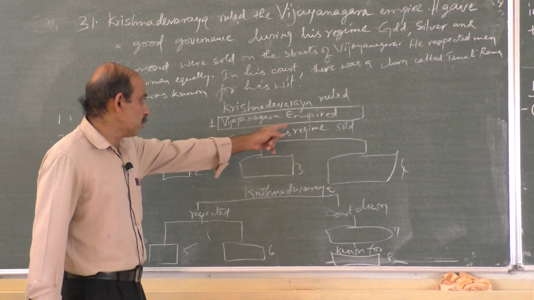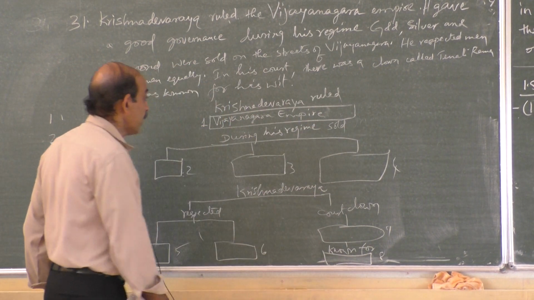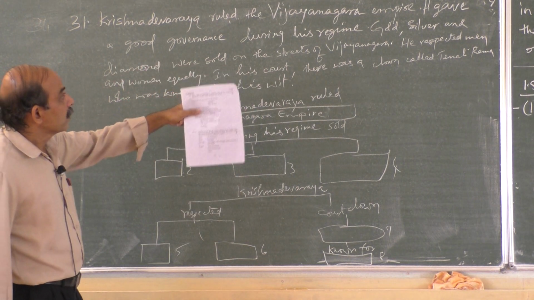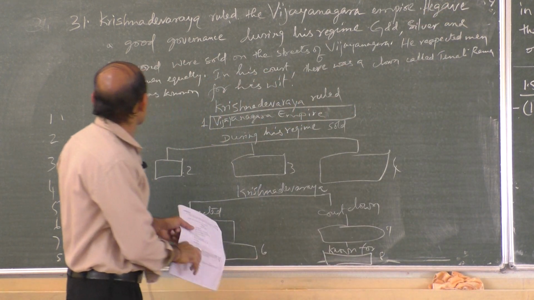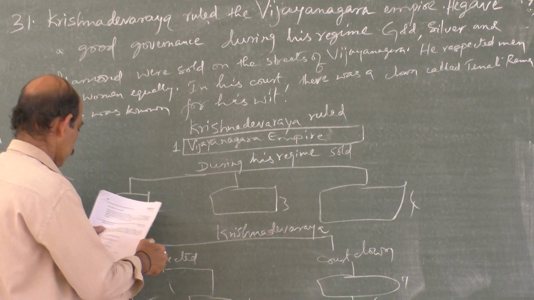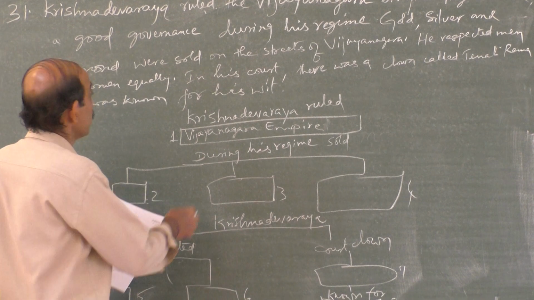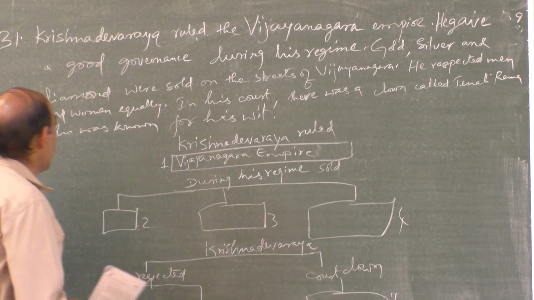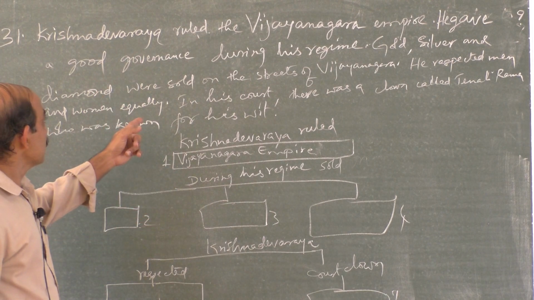Krishna Devaraya ruled the Vijayanagara Empire. And then during his regime, he gave good governance. What did people sell there?